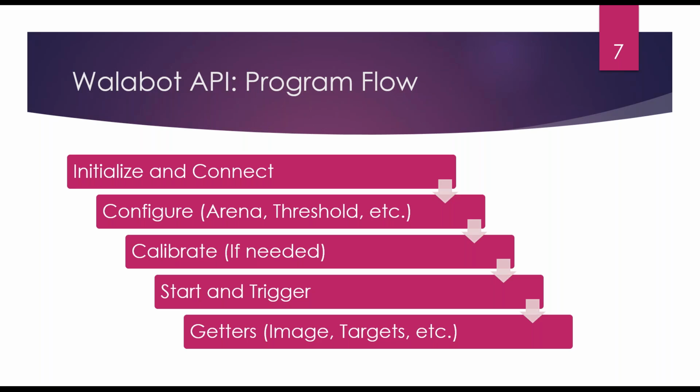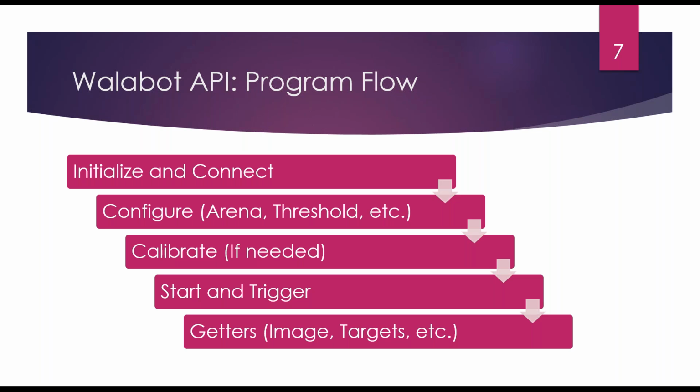The second step is the main step actually, where you configure your Walabot. It depends if you're doing people tracking or if you're into seeing into walls or into breathing. You need to configure the Walabot differently. But the main aspect of it is first to configure the arena of the Walabot. Let's say you're doing tracking. You want to track people in a room and see if someone is falling or something like that.